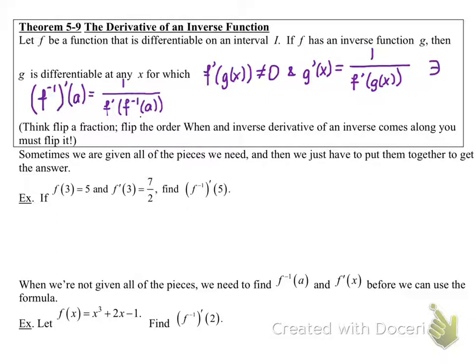Okay, so I really prefer the notation that I just put in there. The derivative of the inverse is the same as 1 over f prime of the inverse of the original function. Think flip a fraction, flip the order.